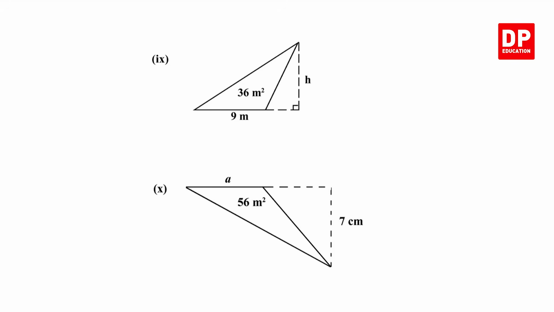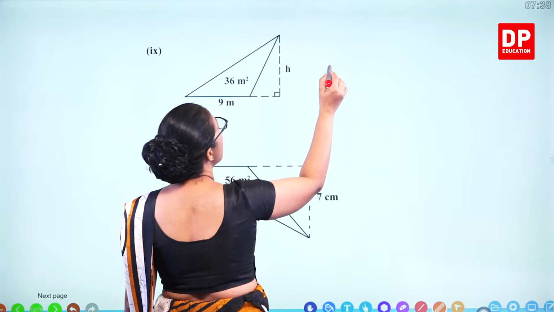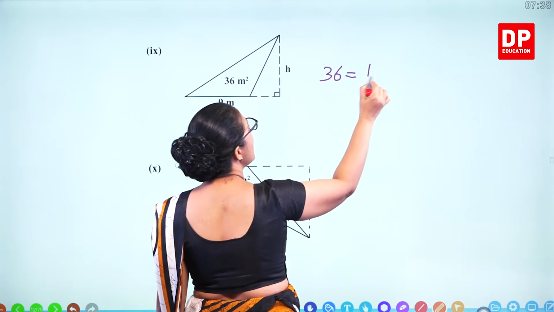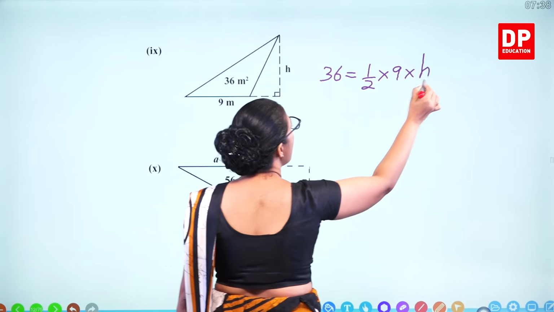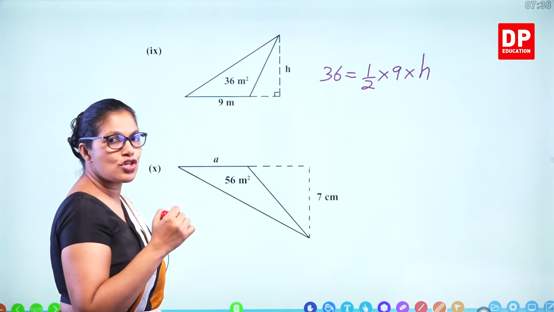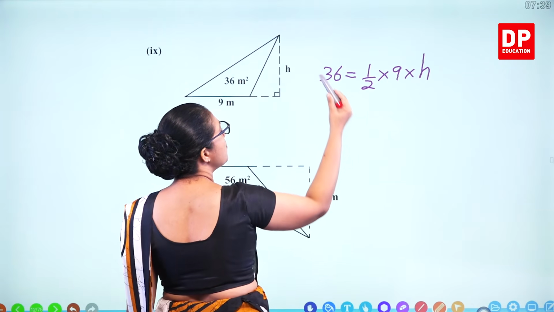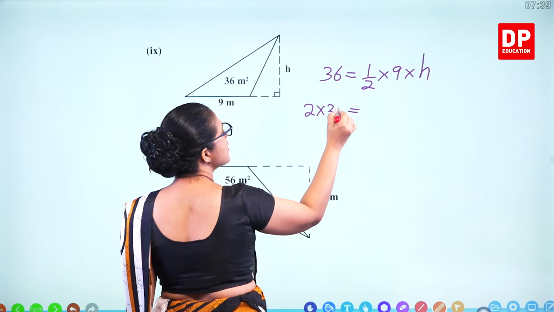This is an obtuse angle triangle. You have given the area 36. So area 36 is equal to half times base is 9 and the perpendicular height we need to find h. Now you can't divide here, so we'll multiply by 2 both sides.